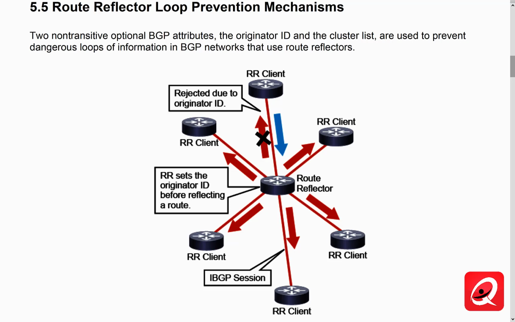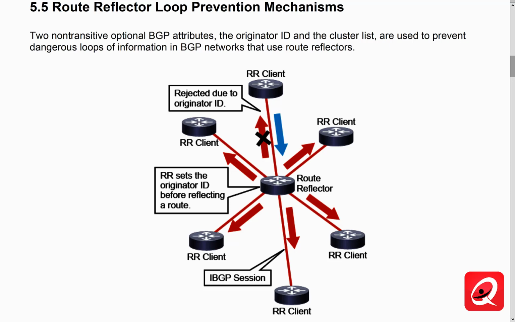Let's say I get two iBGP routes from a route reflector. In this case, the routes with the shorter cluster list are preferred over routes with longer cluster lists. If the additional route reflector oriented selection criteria doesn't get us to a decision, then we follow the rest of the traditional BGP path selection rules.